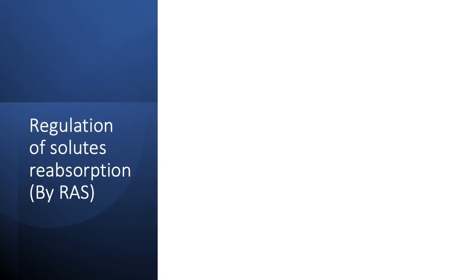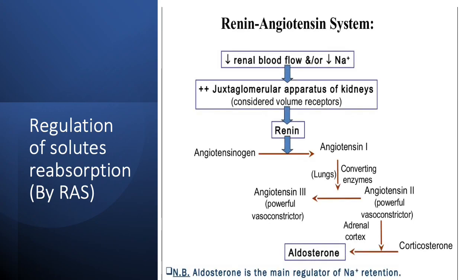At the very beginning, I discussed that sodium is the main solute which maintains the extracellular fluid volume, rather the blood volume. So one of the main regulators of the solute concentration, or of the blood volume, is the renin-angiotensin system.